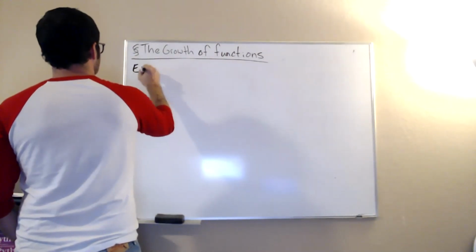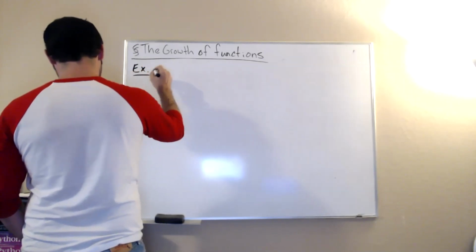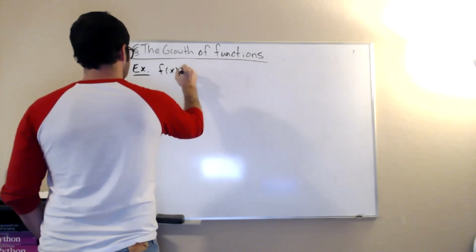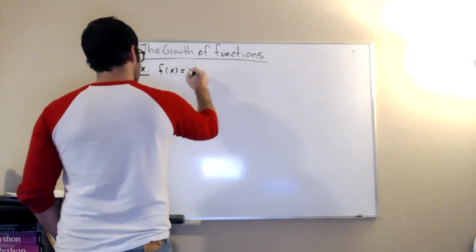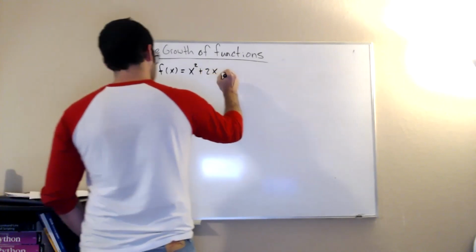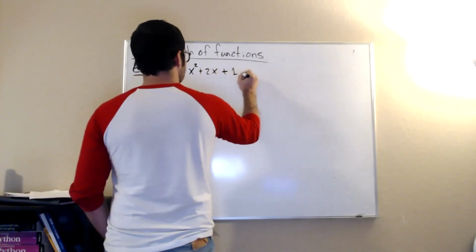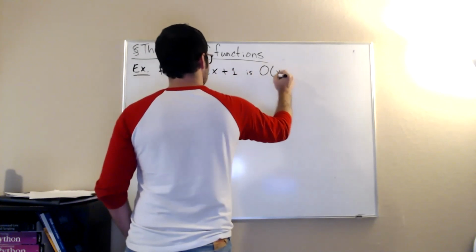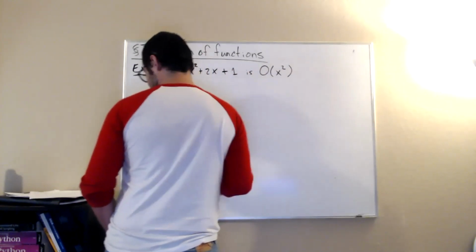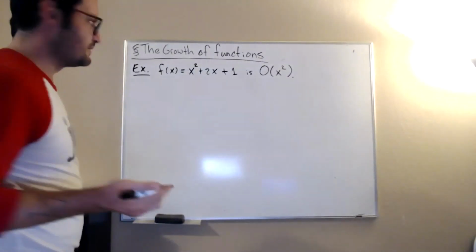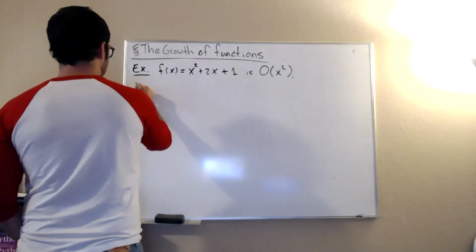I'm going to say f of x equals x squared plus 2x plus 1 is big O of x squared. All right, so we can prove this by showing that this satisfies the definition.